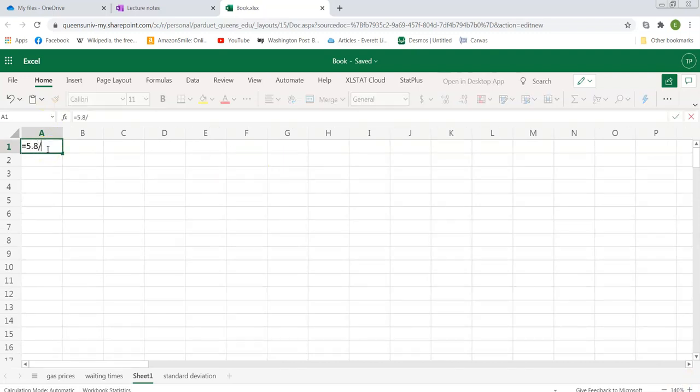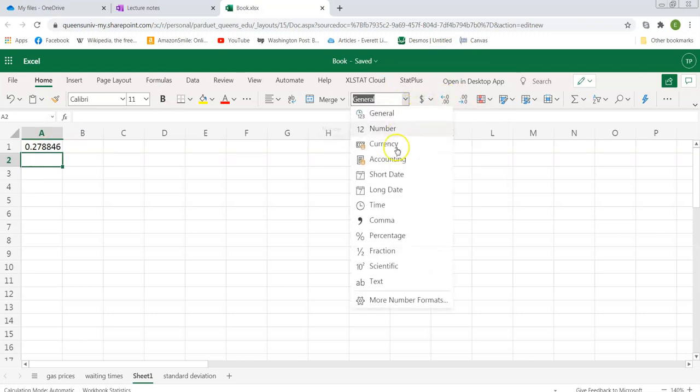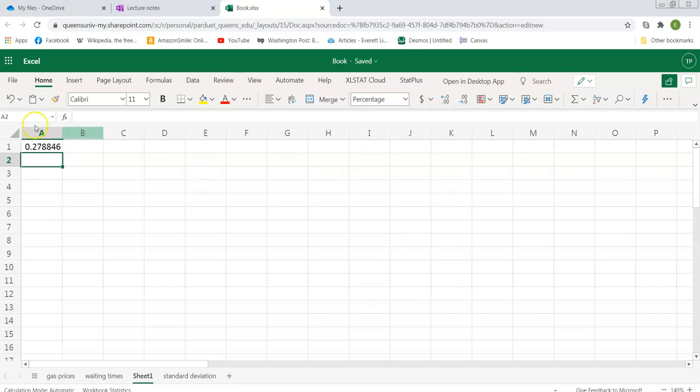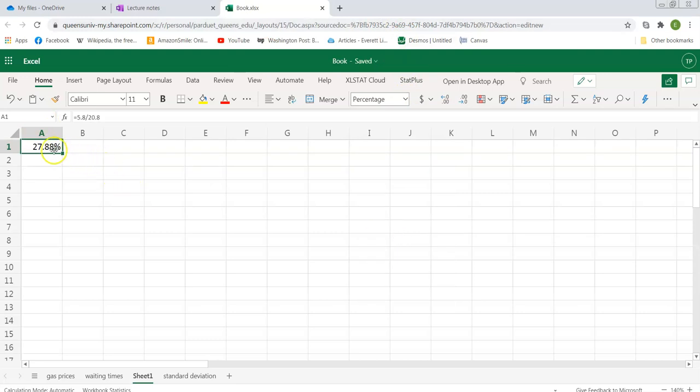So 5.8 divided by 20.8 comes out to be 0.2788, and I want you to convert to a percent. Oh, I was in the wrong cell when I clicked percentage. And let's round those to 2 percentage decimal points, so 27.88%.